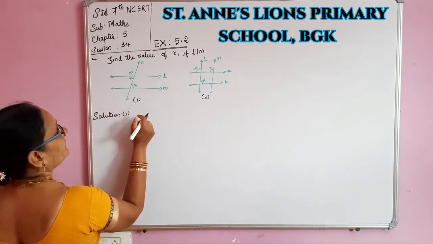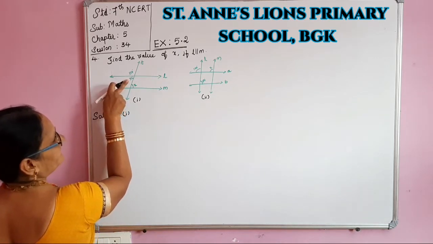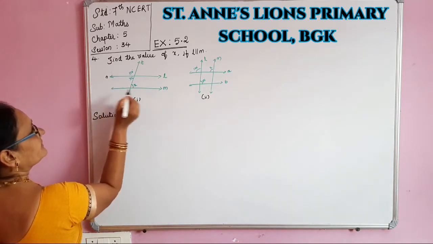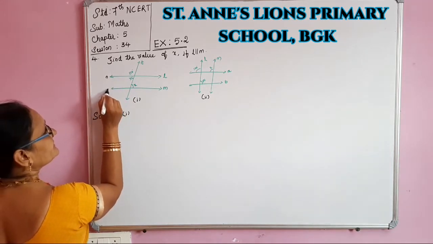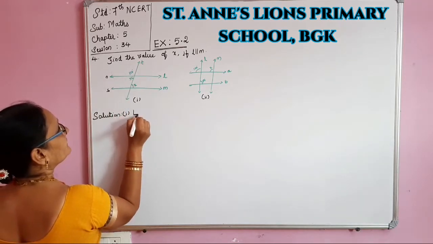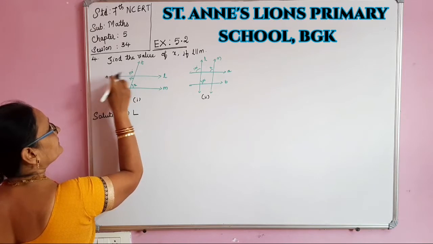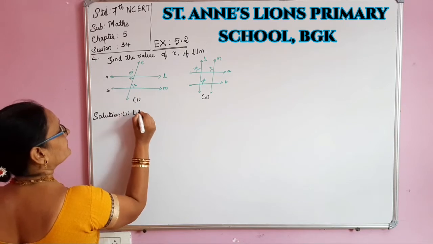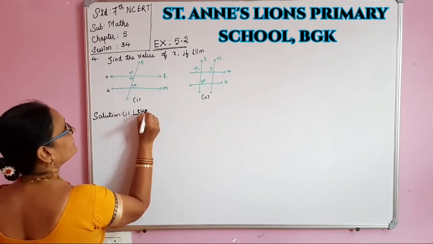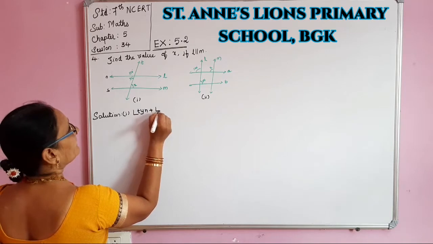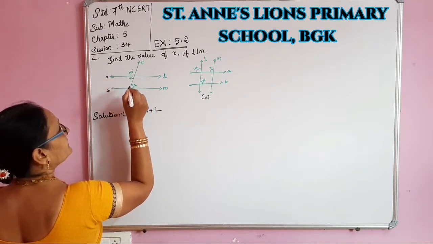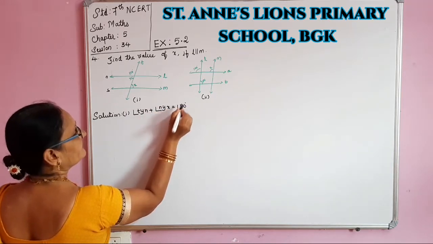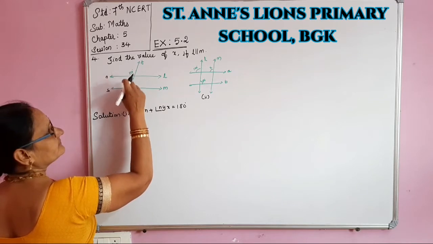See, here this we will consider as y. Okay, and this is L, no? Here we will take it as L and M, this is N, and this we will take as S. Now angle TYN plus angle NYX equal to 180 degrees.